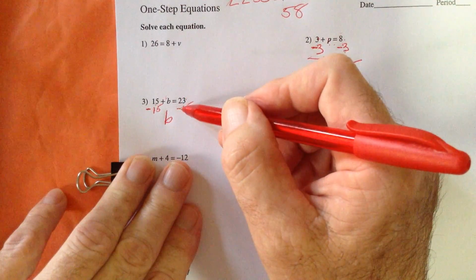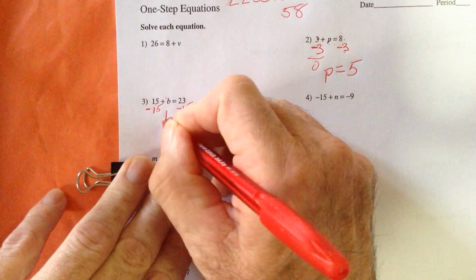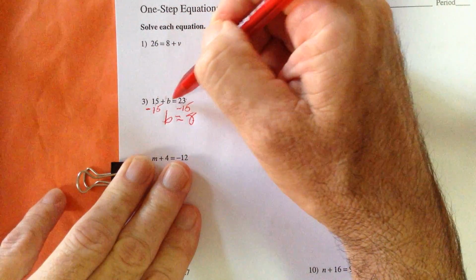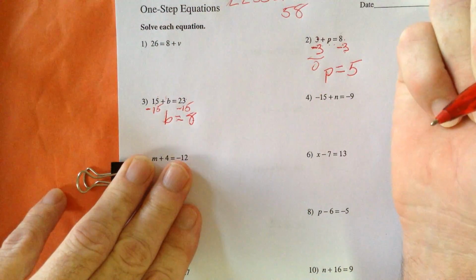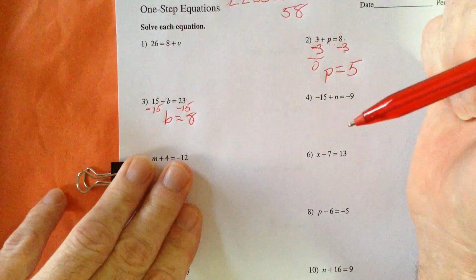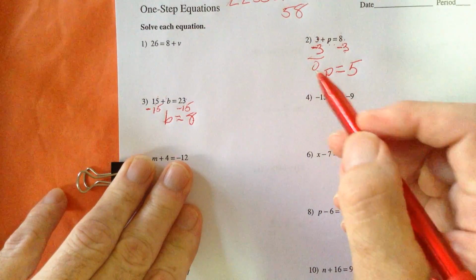So 23 minus 15 is going to equal 8. So therefore, b is going to equal 8, and I can go back and see 15 plus 8 is going to equal 23. It's the same thing with number 1. I think v equals 18 on that one.